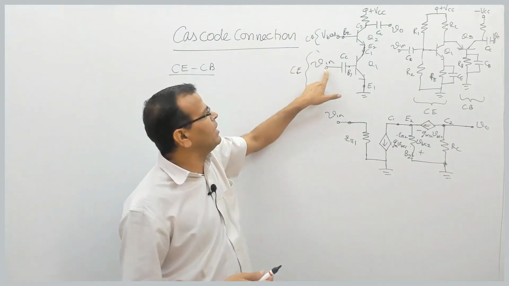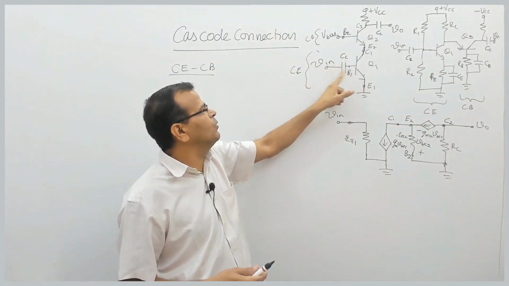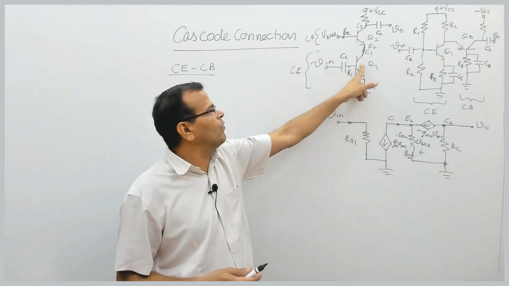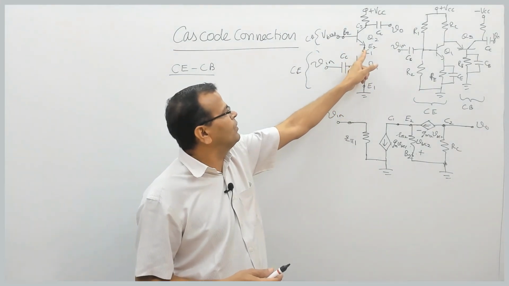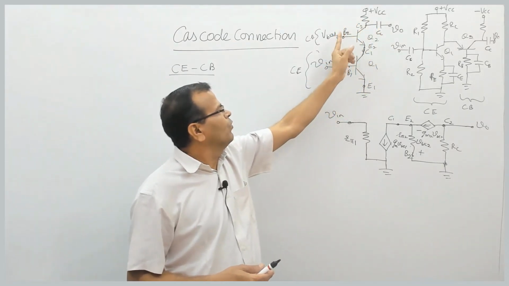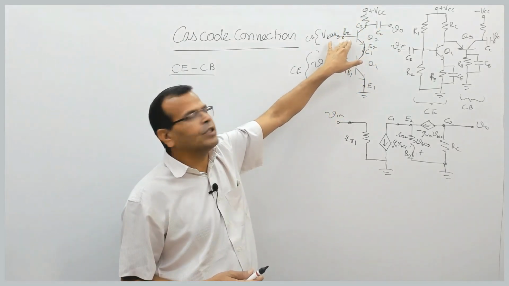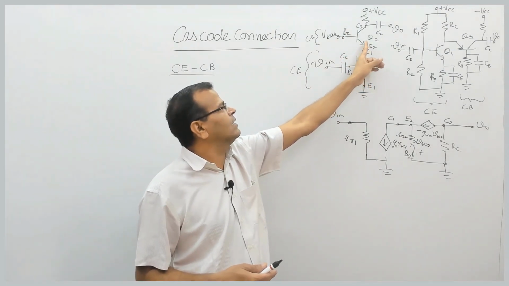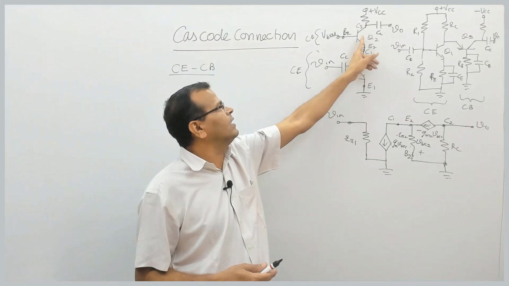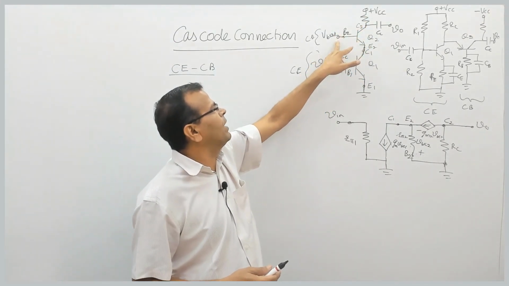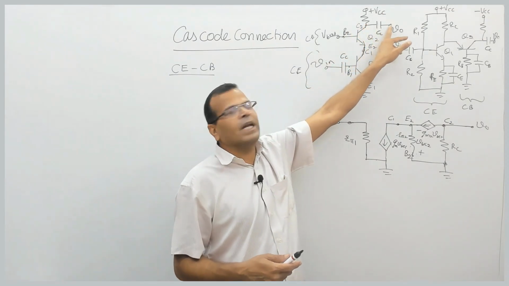I am applying AC input to this circuit, which is the NPN common emitter configuration. The output of this goes to this circuit, which is the common base configuration. The output of the first stage is C1, which is at the emitter of this circuit, because I am applying bias at the base and taking output from the collector.